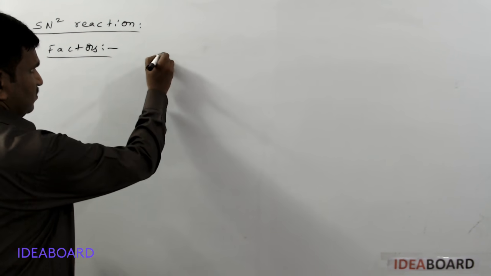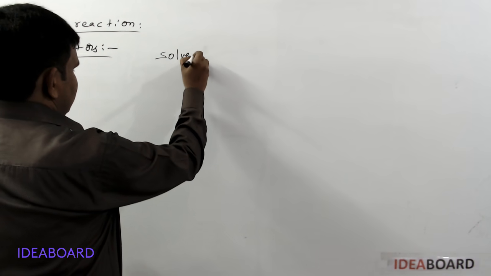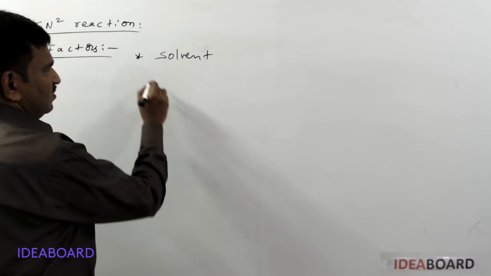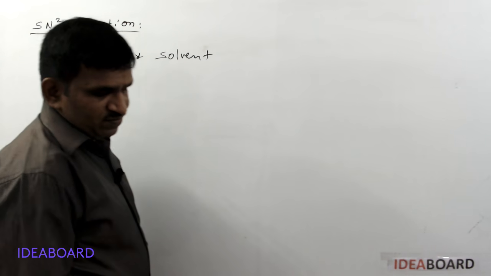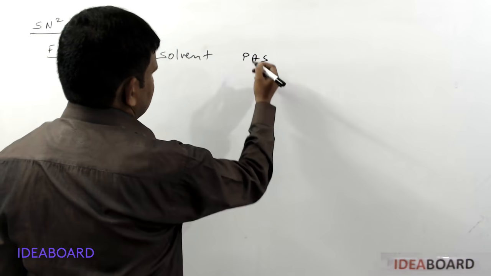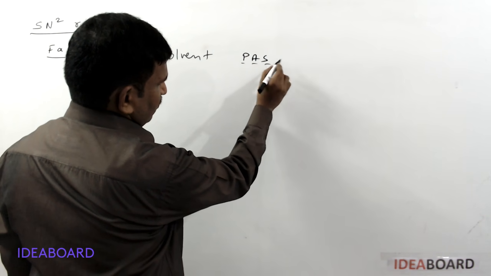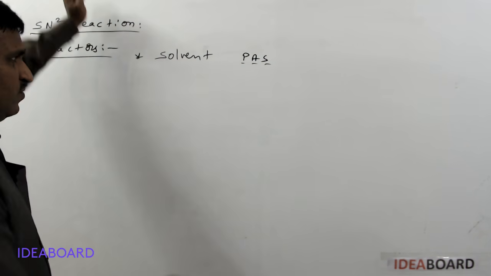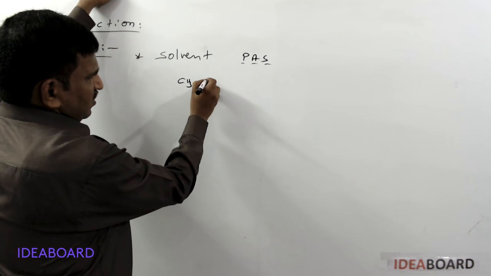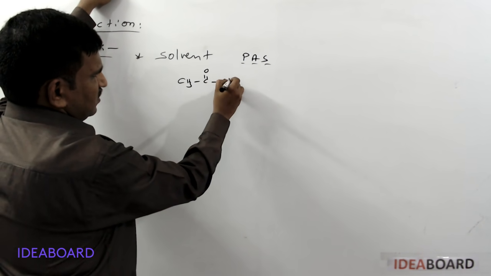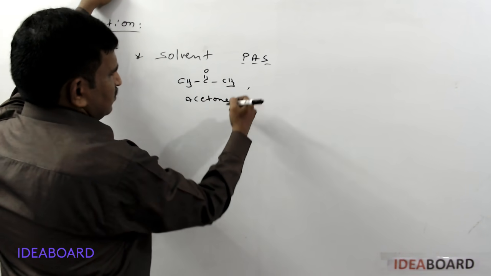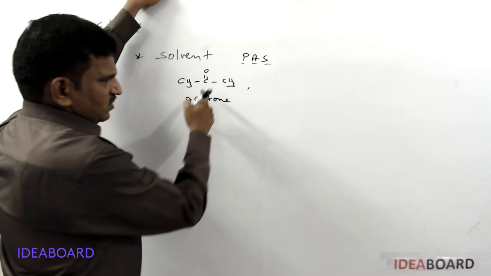Next, solvent. For SN1 reaction, what solvent have we taken? Polar protic solvent. But for SN2 mechanism, polar aprotic solvent is required. Generally CH3COCH3, called acetone, is used.